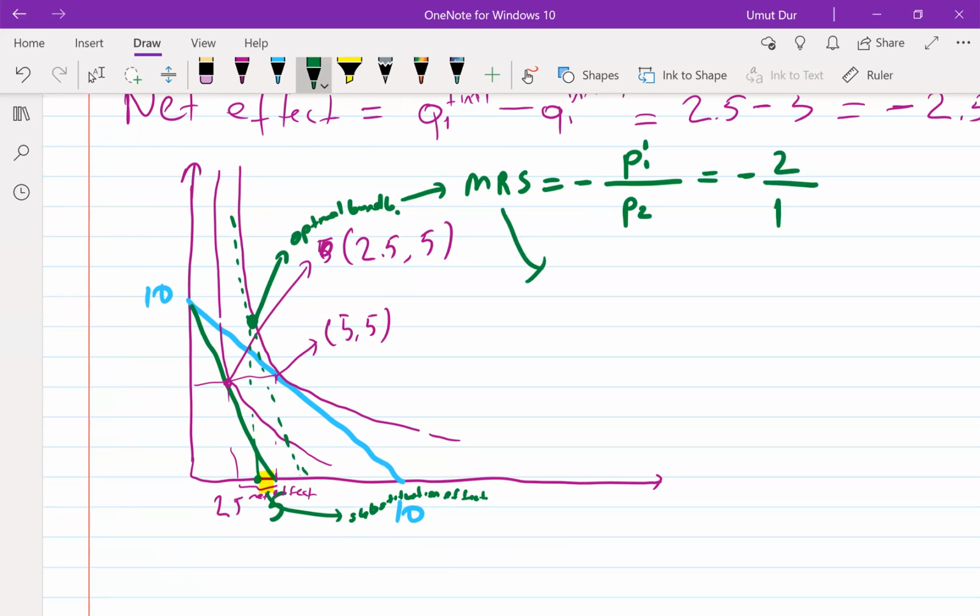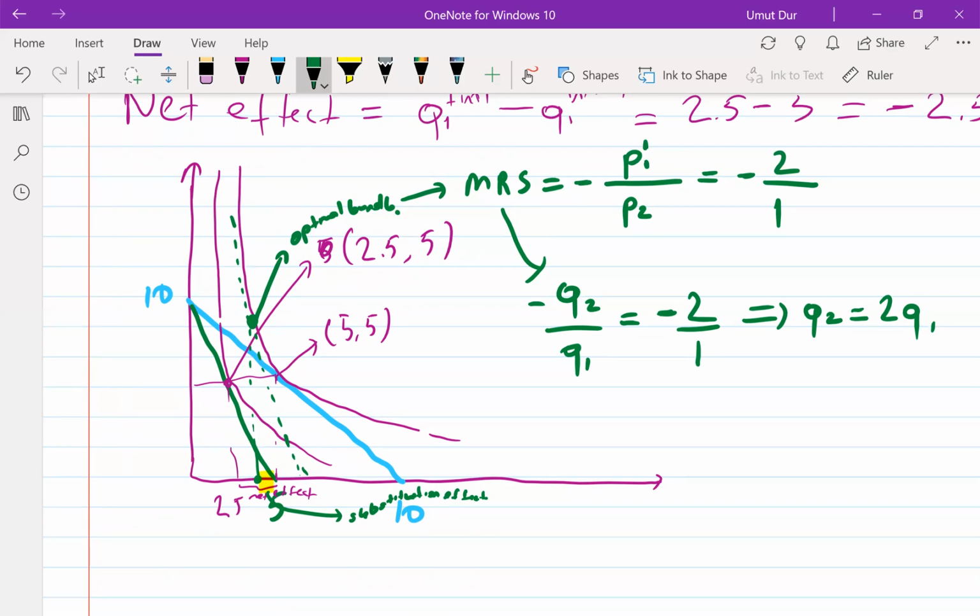The marginal rate of substitution is minus Q2 over Q1, equal to minus 2 over 1, which gives us Q2 is equal to 2Q1. So for this imaginary optimum bundle, the relation between Q2 and Q1 will be Q2 is equal to 2Q1.